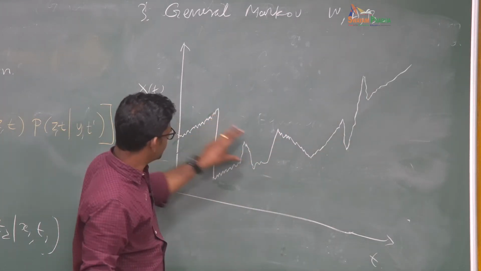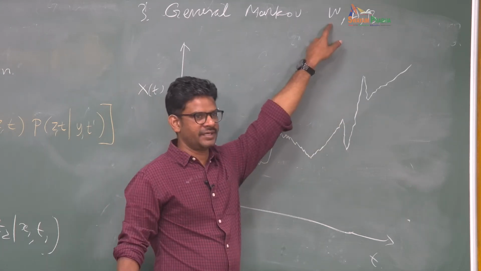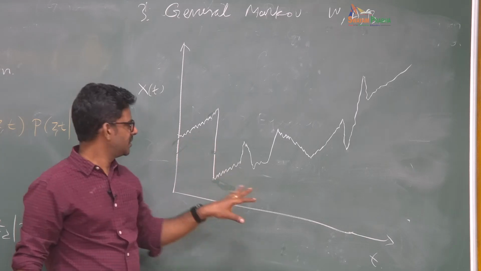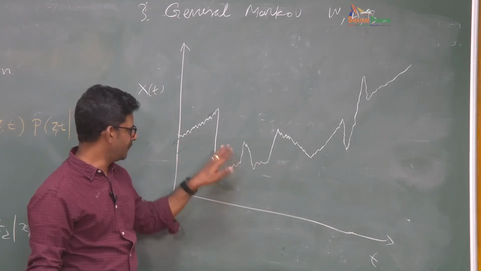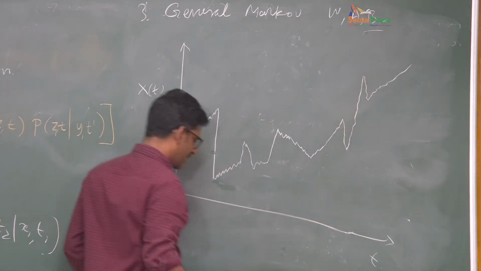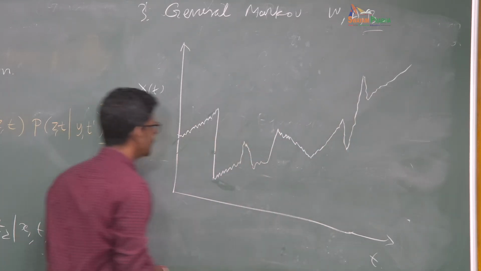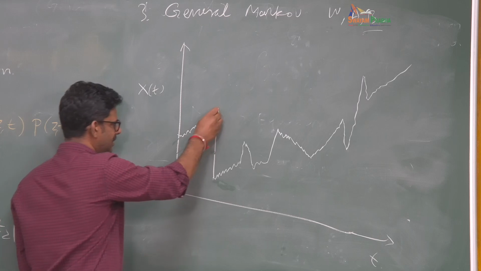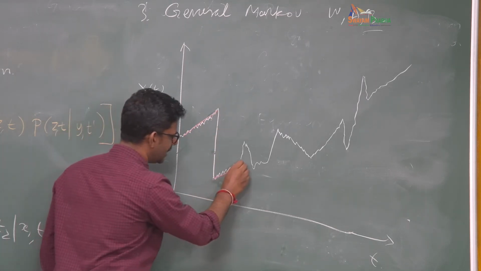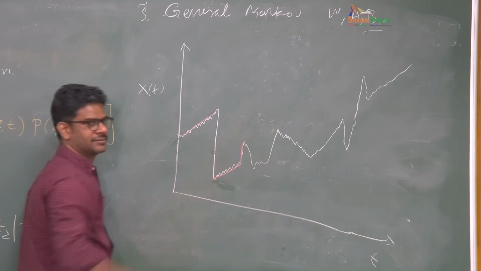You also see these larger jumps because of the finiteness of W. Because B is non-zero, there is going to be some sort of diffusive behavior also. There is going to be fluctuation about this. If B is 0, you will not see all this local fluctuation. You will see straight lines and then drops, straight lines, drops, and so on.